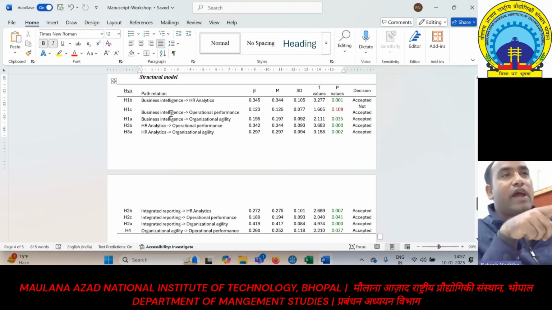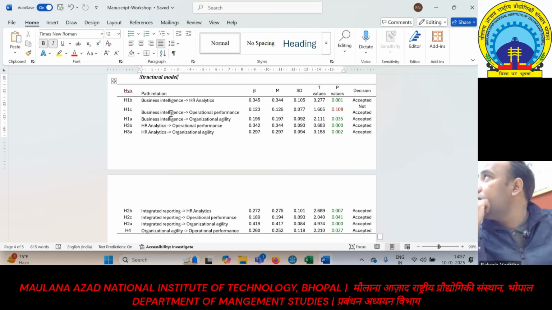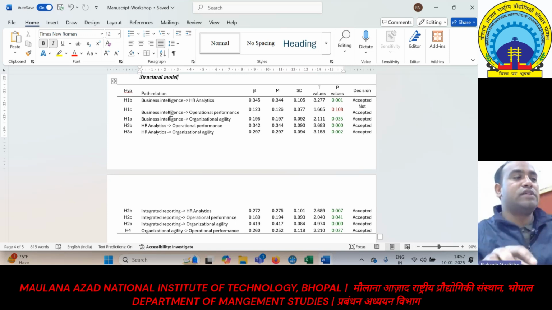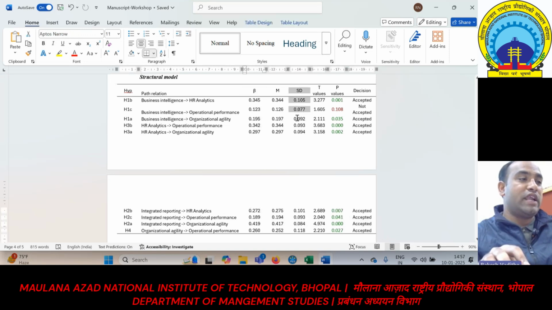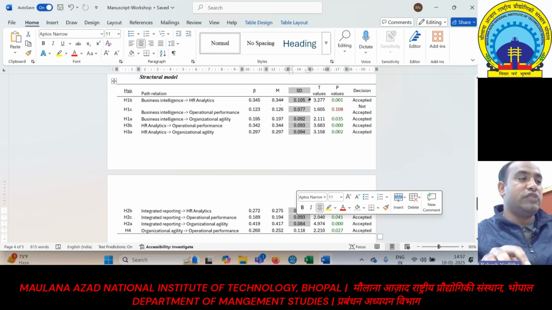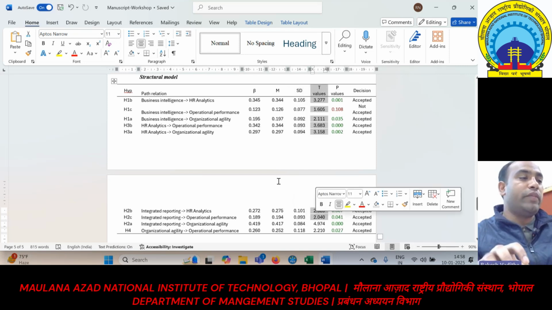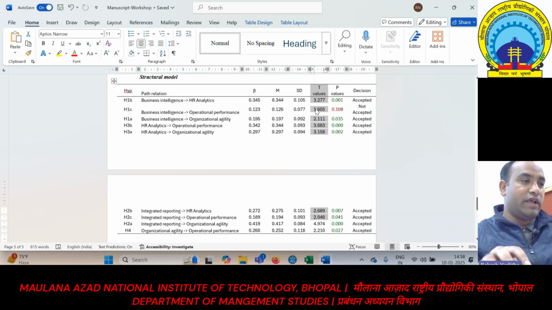Or shall I share this manuscript again? This is the structural testing of hypothesis. On what basis have you tested? The beta values we get from the PLS report, and the standard deviation. These two divided give you the t value. The t value should be more than 1.96, then it will automatically get acceptance in SmartPLS.